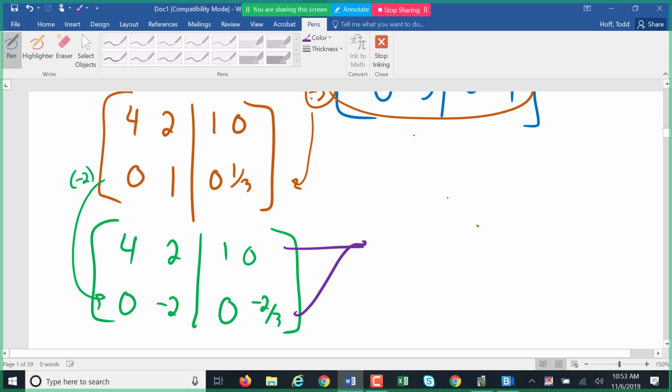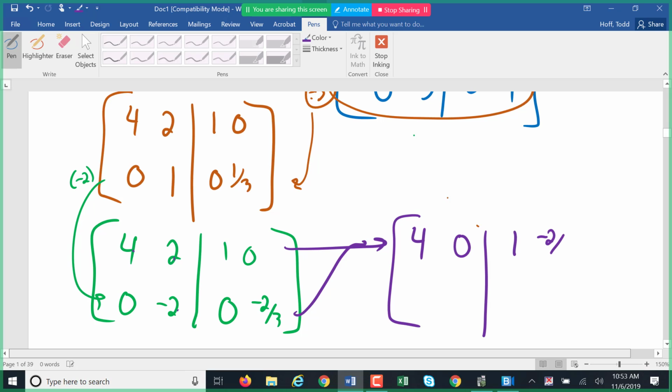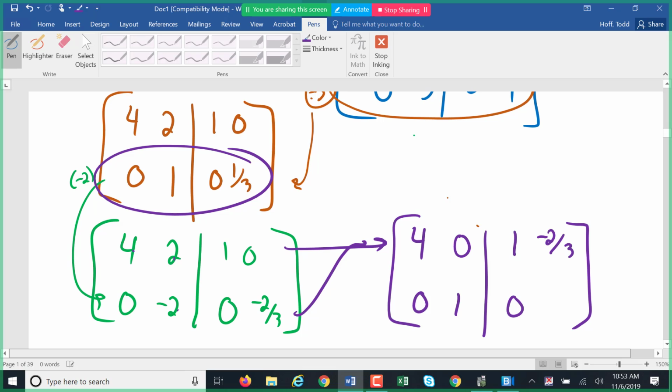Now I'm going to add those two rows together and replace the top row with it. 4 plus 0 is 4. 2 plus -2 is 0. 1 plus 0 is 1. 0 plus -2/3 is -2/3. For the bottom row, I'm going to go back to what it was before I multiplied it: 0, 1, 0, 1/3.